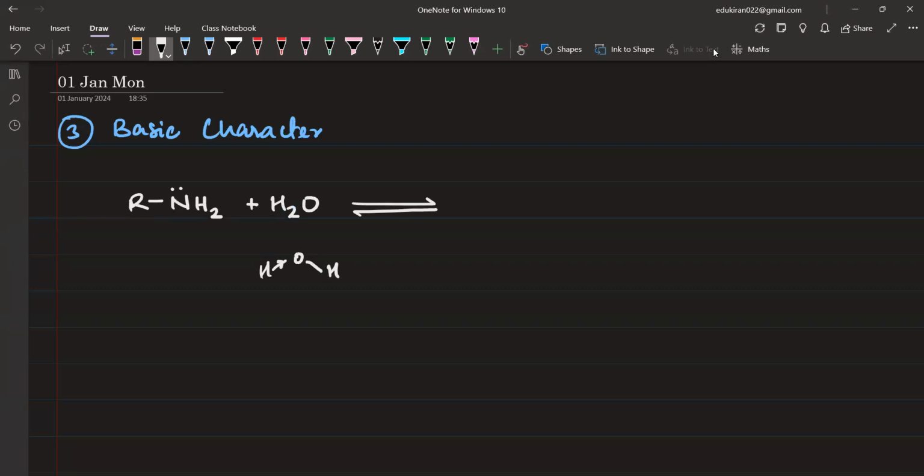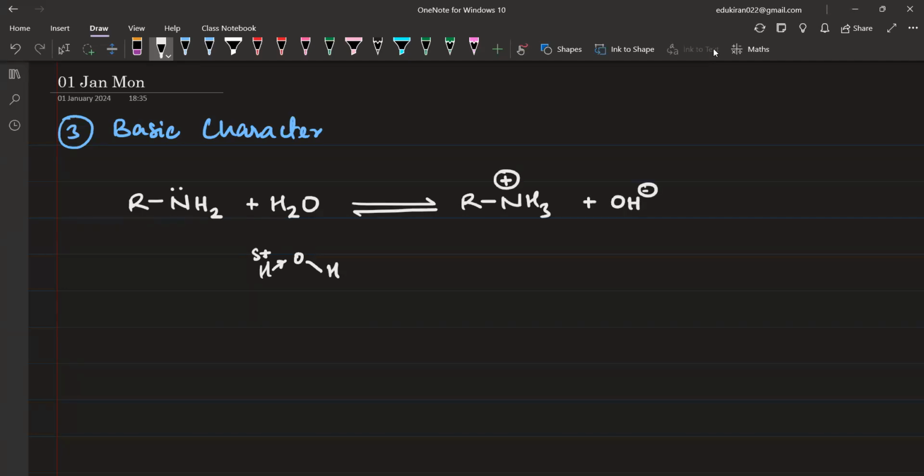This oxygen is pulling electron density, that is why this hydrogen has delta positive, and the lone pair attacks here, the nitrogen gets protonated, and you get RNH3+ with a positive charge on the nitrogen atom, plus OH negative.